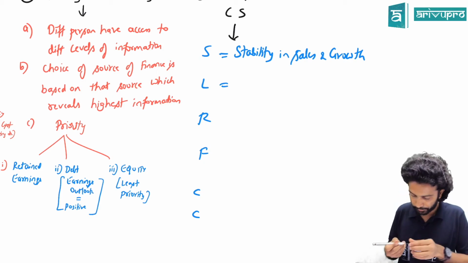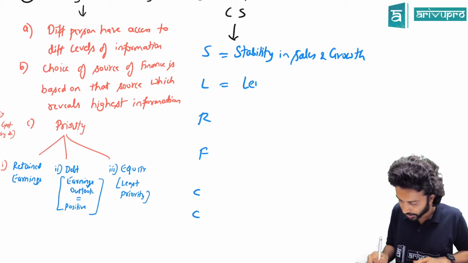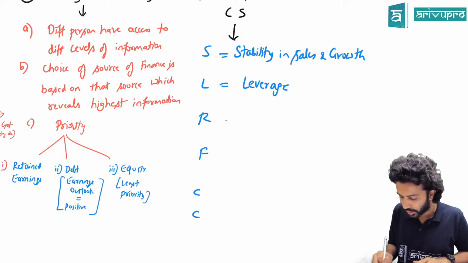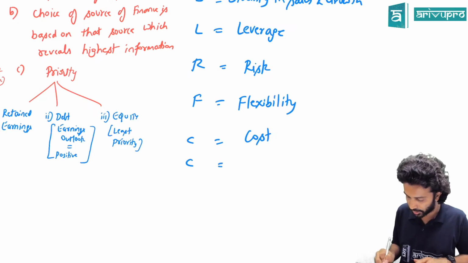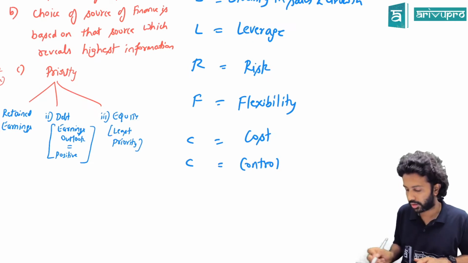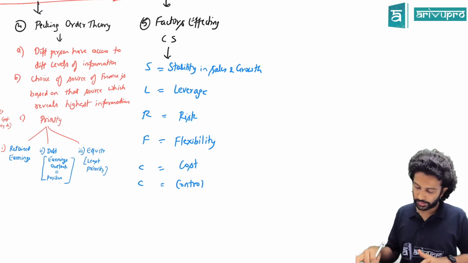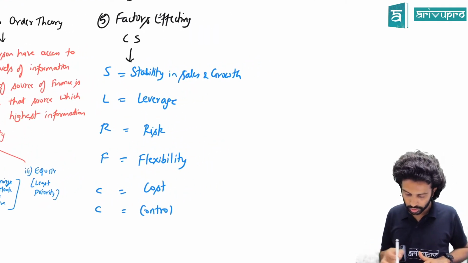L for leverage impact. R for risk factors. F for flexibility. First C for cost, last C for control. These are the factors which affect your capital structure.